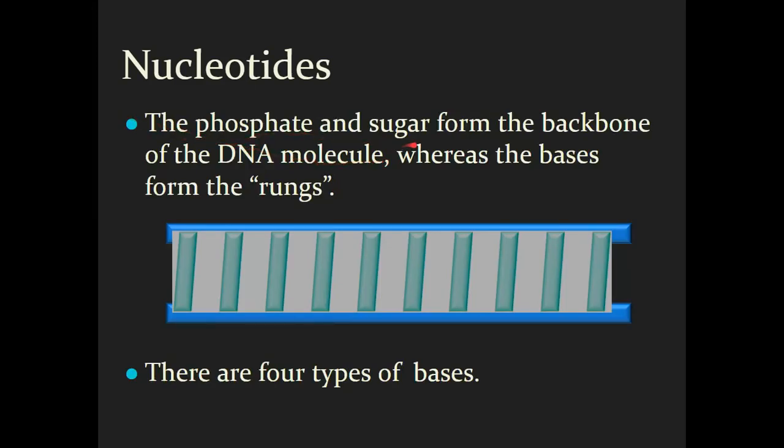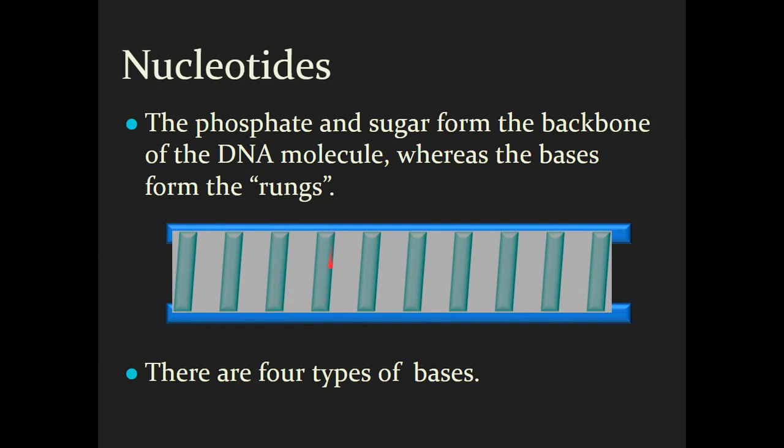The phosphate group and the sugar make up this portion, the backbone of the DNA molecule, whereas the nitrogenous bases form the rungs, these right here, as if you're climbing a ladder.